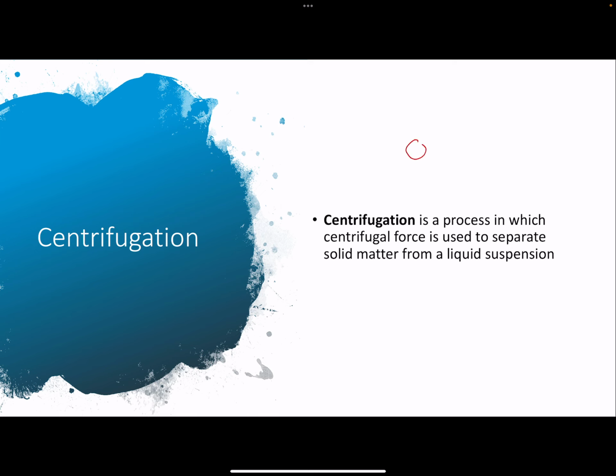Technically, you have a center which spins rapidly, clockwise or counterclockwise, it hardly matters, and in doing so pushes the substances towards the outside, at the bottom. So this is particularly useful when separating suspensions.